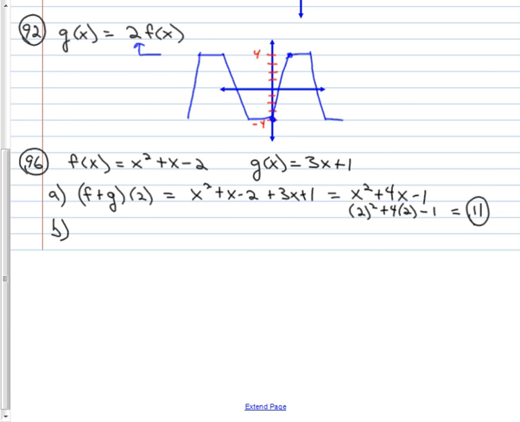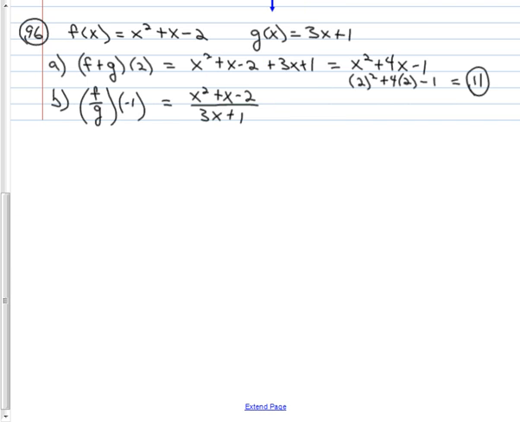Part B, f divided by g of negative 1. So our f function, x squared plus x minus 2, is being divided by our g function, 3x plus 1. Can't really do anything to simplify that, so we can just substitute a negative 1 into it.